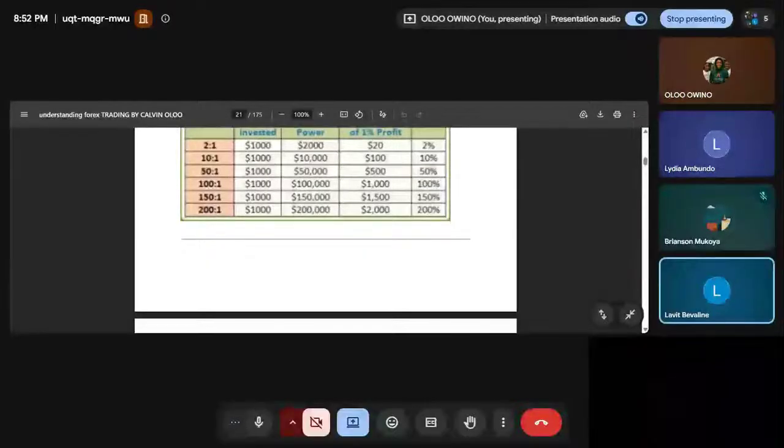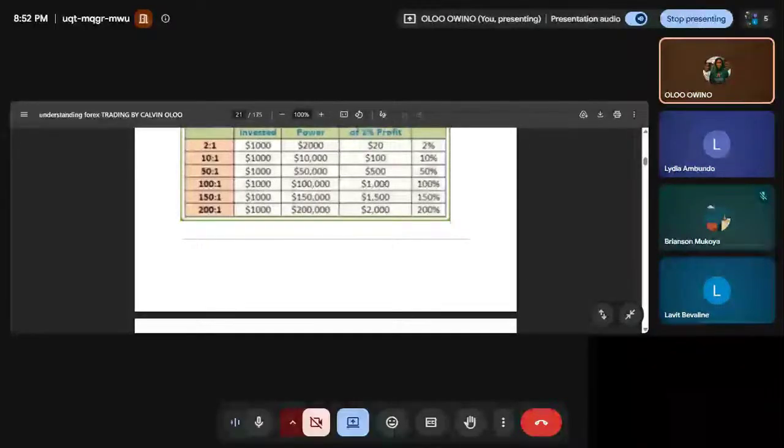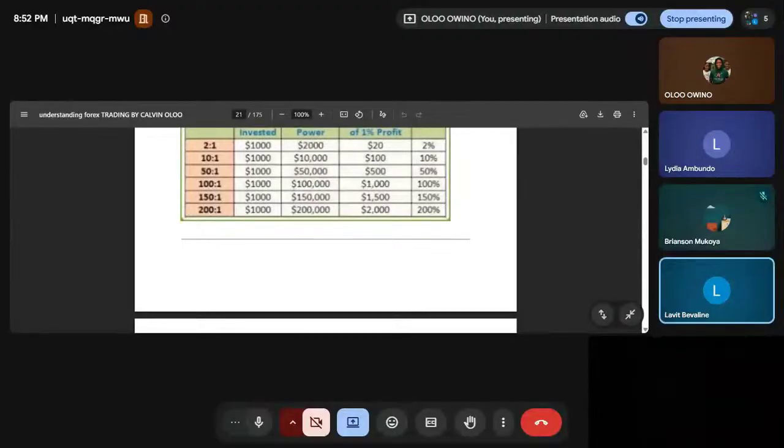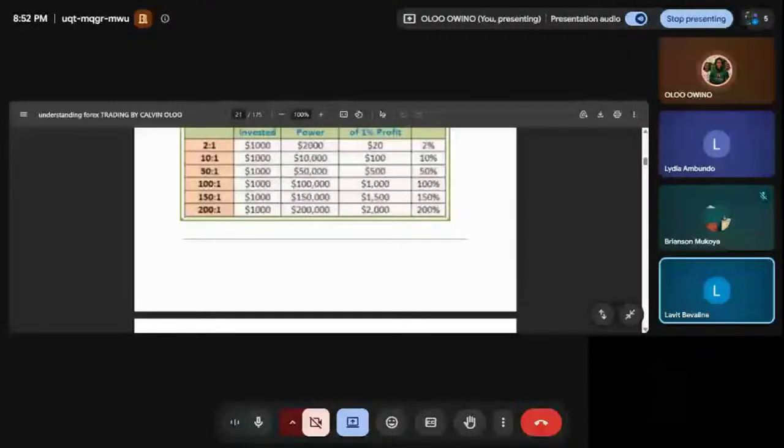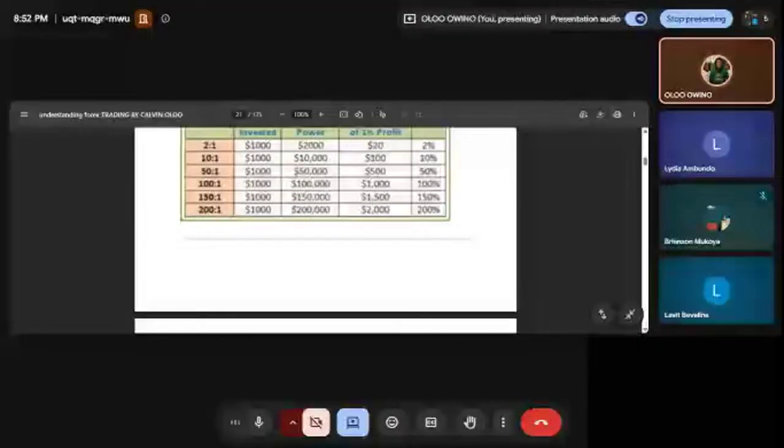Okay. Let me use a practical example for the margin. Beverly, we have 1 million Kenyan shillings, right? Investors have given you 1 million Kenyan shillings. But now, as much as he has given you this money, that guy needs to make a profit. So he has noticed and said that if it reaches 75% of the money I've given you, which is 750 million, I'm going to withdraw my funds.